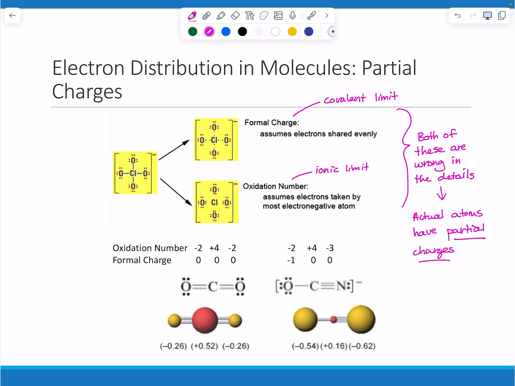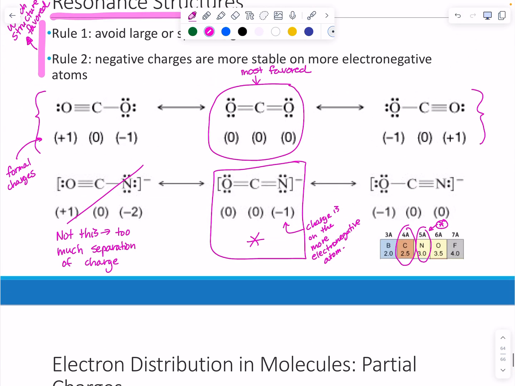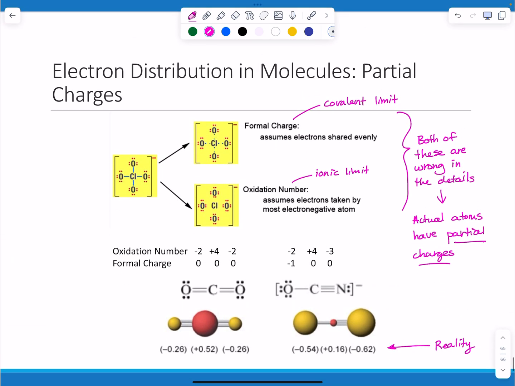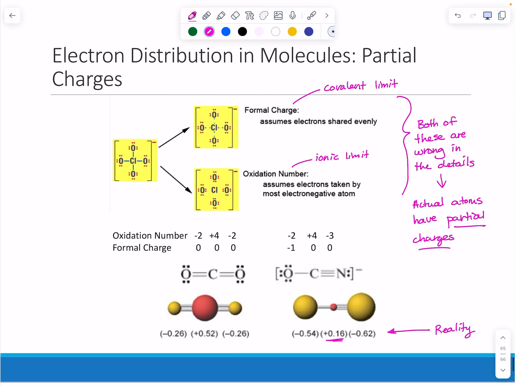When we look at those two molecules from the previous slide, this is what reality is, or close to it. Instead of the nitrogen being -1, it's -0.62. And instead of the carbon and the oxygen being 0, one is a little bit positive, and one is negative, but a smaller negative than the nitrogen.